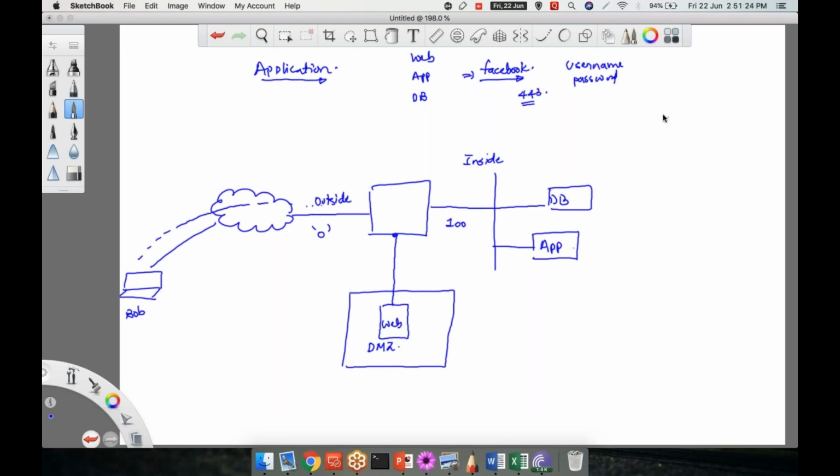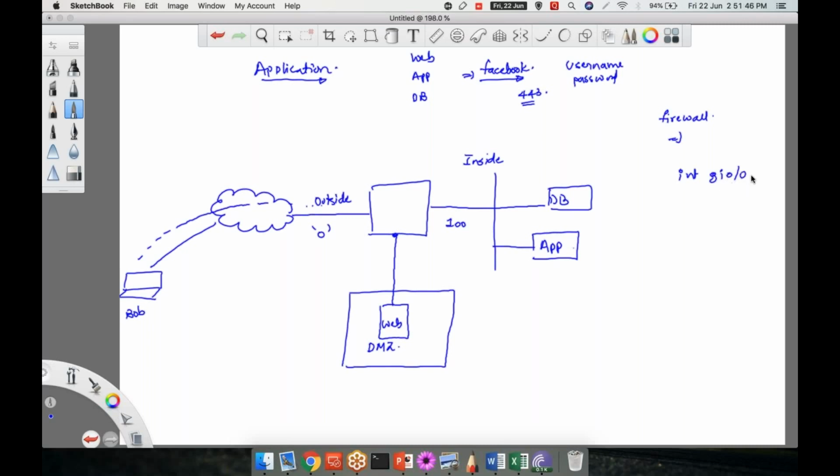Do remember that on the firewall, whenever you define a security level, it is always defined on the interfaces. It's not a global command. It has to be defined on the interfaces themselves. Let's say I take interface gig 0/0.